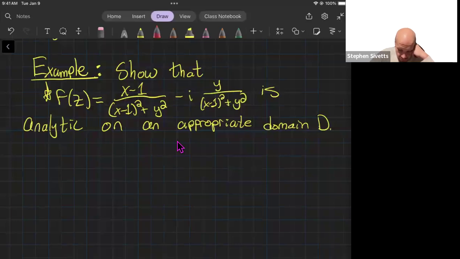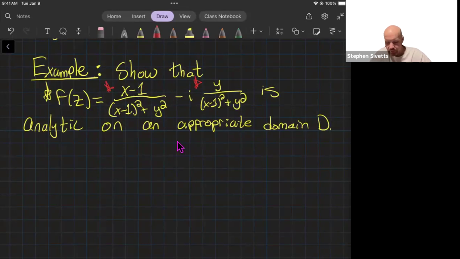Since we're dealing with rational functions for our real and imaginary components, the best idea is to look at where the denominator would be zero, right? Look at values for x and or y that would cause division by zero.